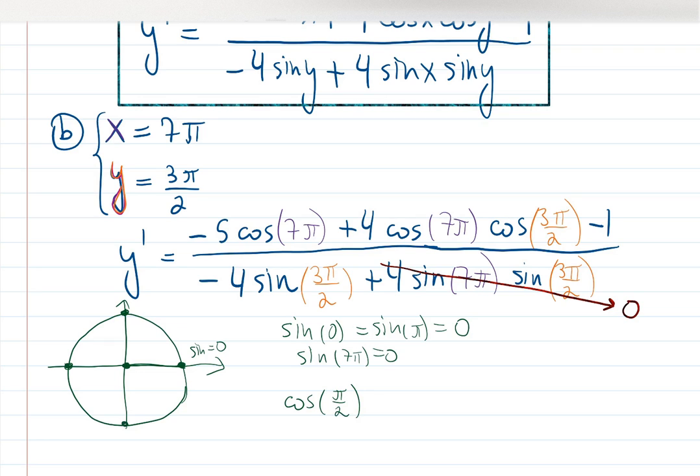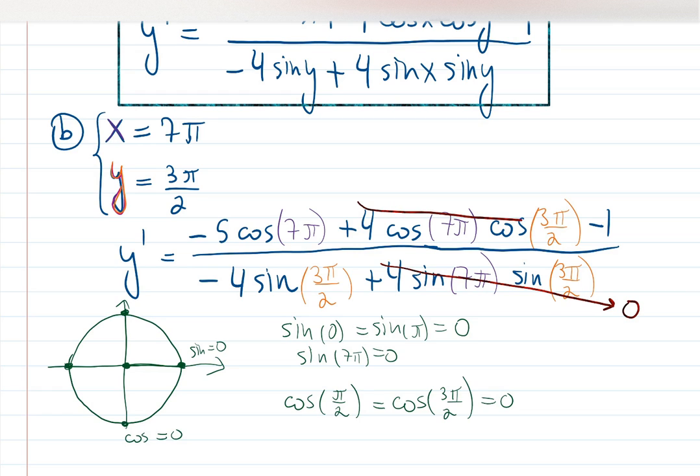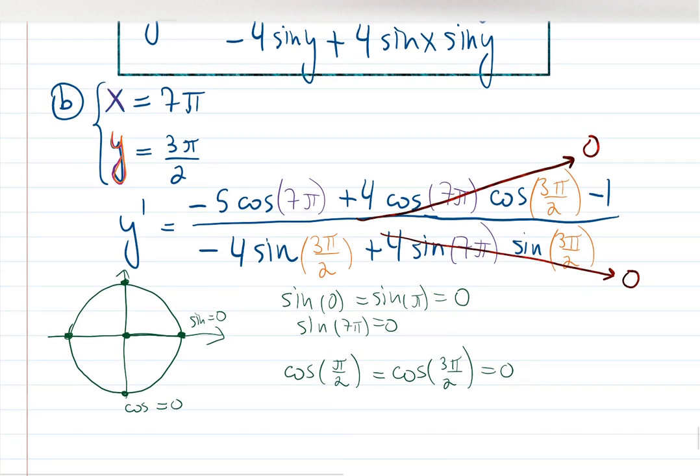And also at 3 pi over 2, cosine equals 0. Then, do you see that part somewhere? I see it over here. All this term, not -1 though, is 0 as well. Don't include -1 into this story, it's not 0.